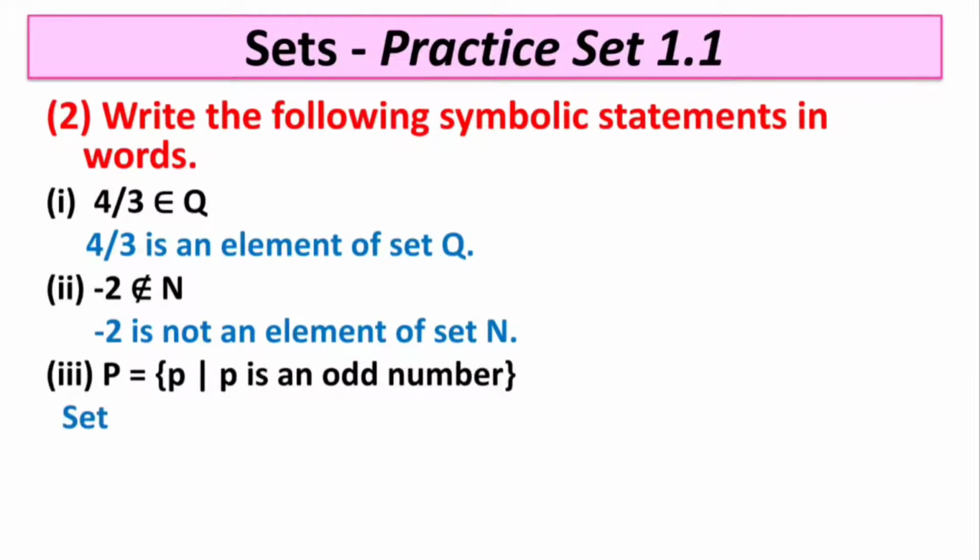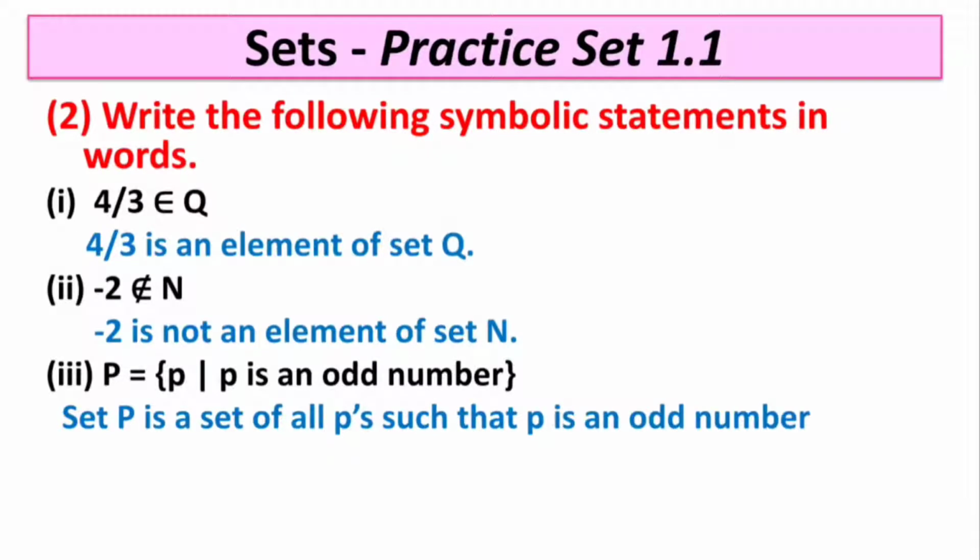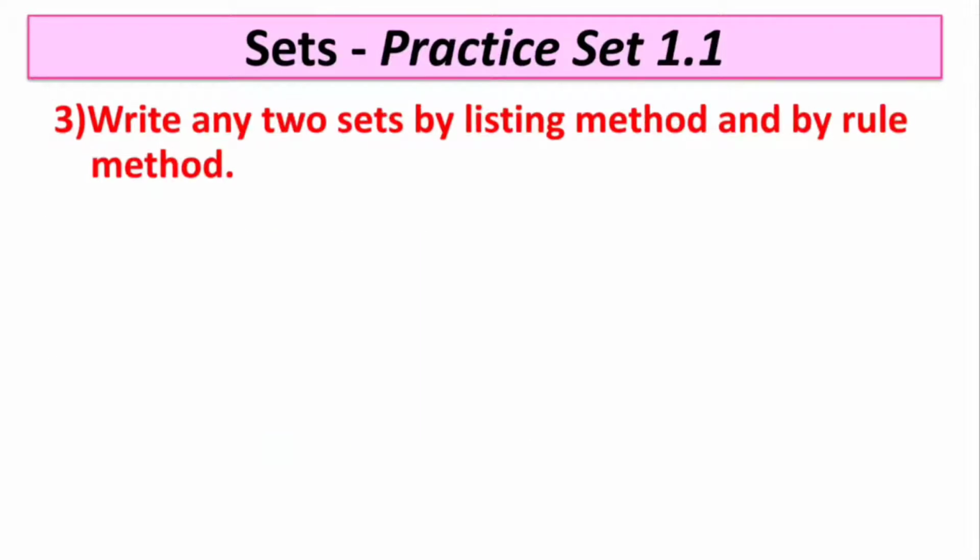Now this is written as: set P is the set of all p such that p is an odd number. Now the third problem is: write any two sets by listing method and by rule method. Here we have a choice, we can write any two sets.